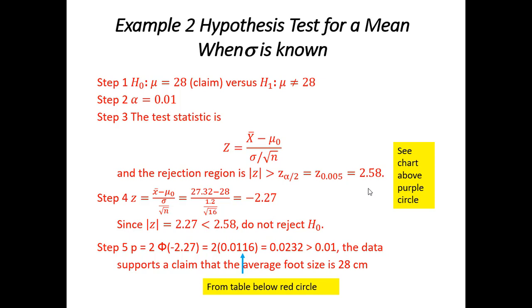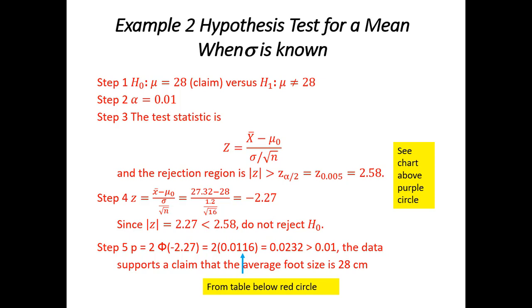So we go ahead and we now substitute in the values to calculate z. We were given the sample mean, 27.32 minus 28. That's the hypothesized mean. We see this up here. Standard deviation 1.2 over the square root of 16. So when we work this out, we get minus 2.27.